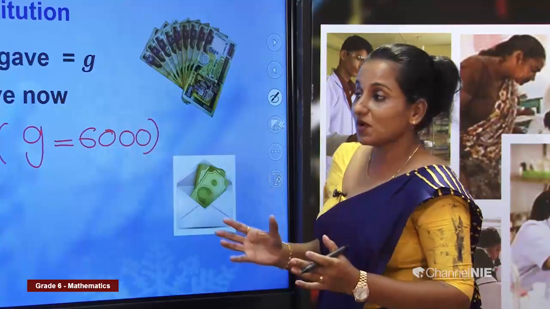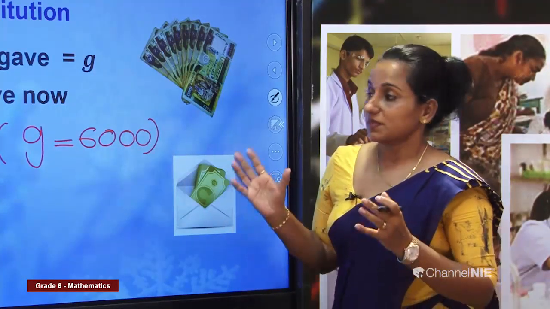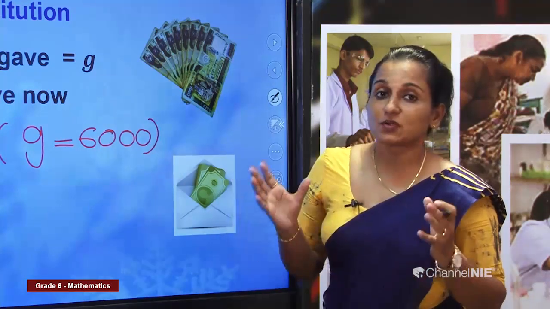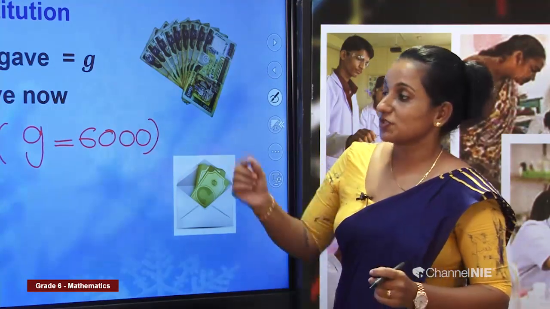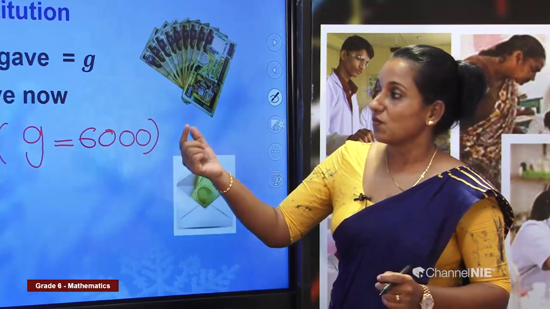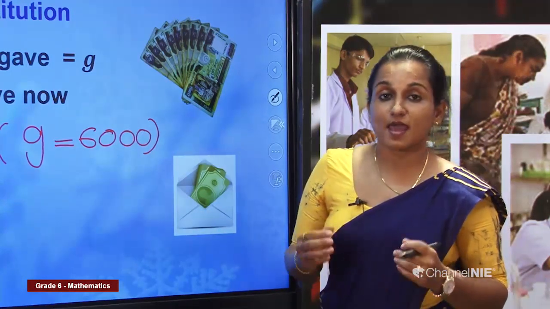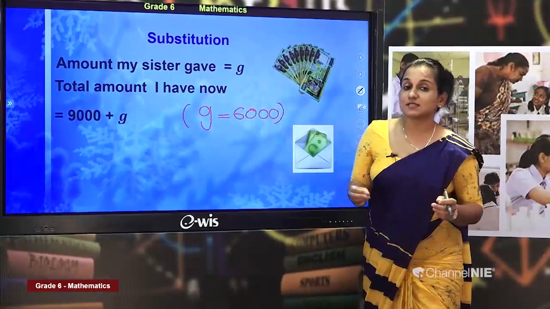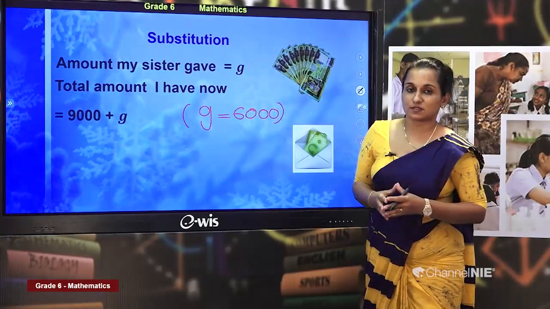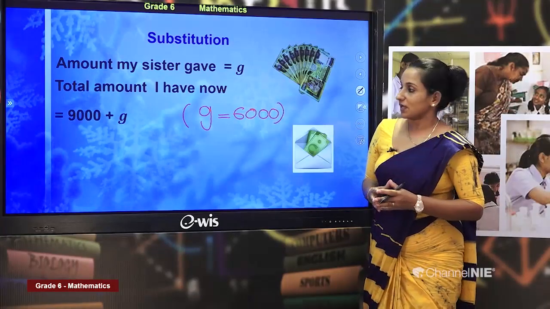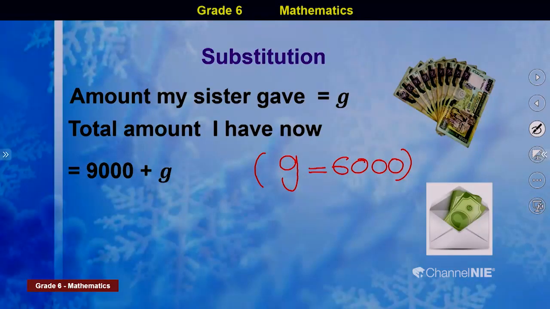Now I am going to substitute the value G equals 6,000 to the algebraic expression we built for the total amount of money I have after my sister gave me 6,000. Okay, shall we substitute?